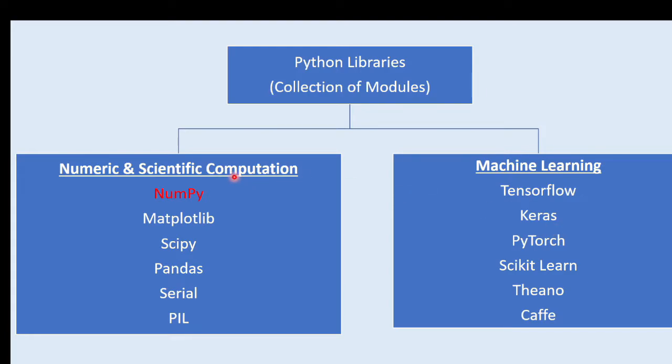But as far as today's session is concerned, our focus is on the first library I have highlighted in red color, which is called Numpy, stands for numerical Python. This particular library we are going to look at in this session.